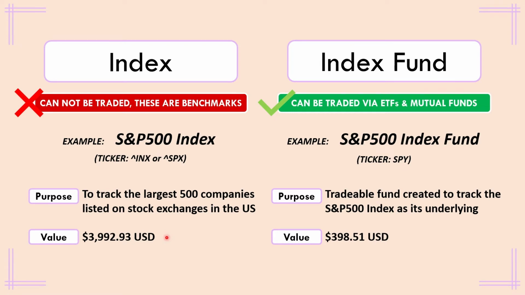Now on the right, we have the opportunity to invest in that same basket of goods on a weighted calculation and a much smaller scale that gives us an opportunity to enter that market. So index funds give us a chance to enter markets and trade off an index or indices as our underlying. Hopefully I didn't make that too confusing.